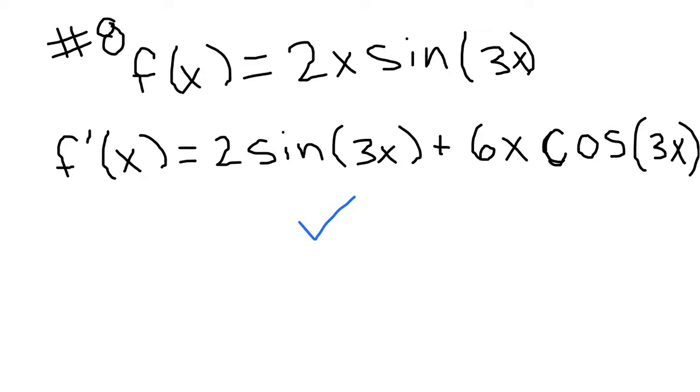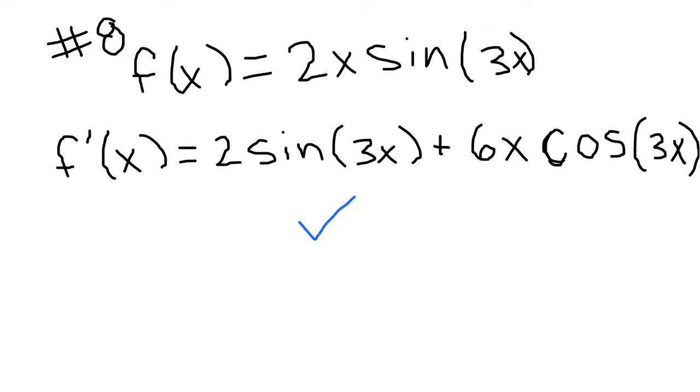So this 2 that's hanging out front here, that just comes from taking the derivative of that 2x and then multiplying it times the second term. And then we're adding the derivative of the second one, the sine of 3x, times the 2x, okay? And so what I do is I do it in one step here. The derivative of sine is cosine. Okay, so that's like taking the derivative of the outside.